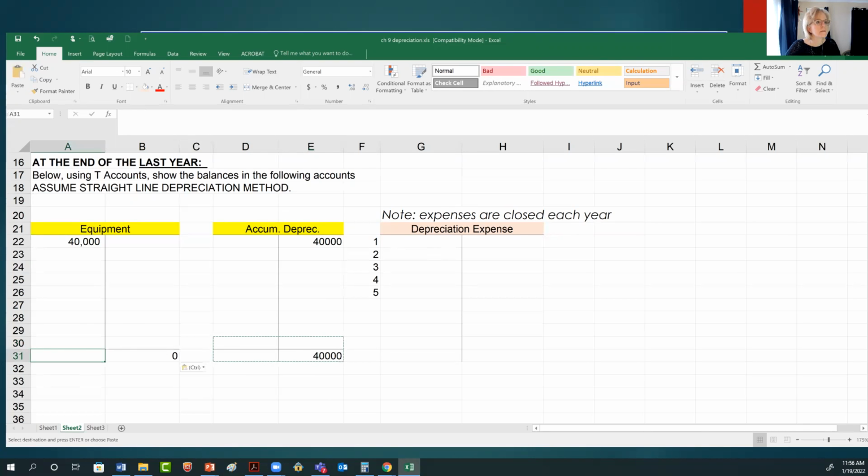We have a $40,000 balance in equipment, a debit, and we have a $40,000 balance, a credit, in accumulated depreciation. I want to retire this asset. To do it, I need a journal entry that gets it to go to 0.